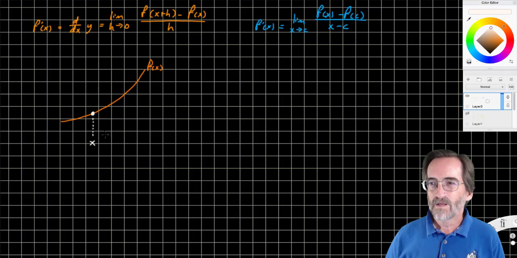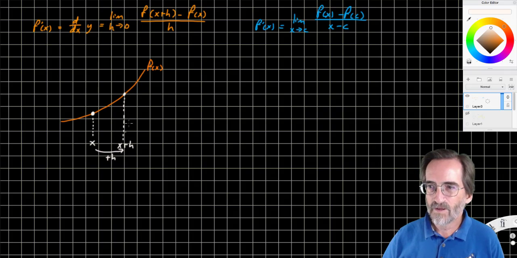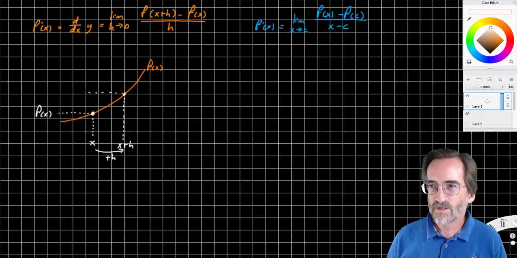If we go to the right by h units, we add h to x and get x plus h. We get an output over here. The output when we input x is f of x. The output when we input x plus h is f of x plus h.